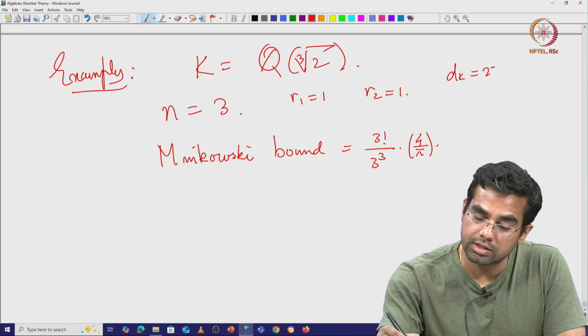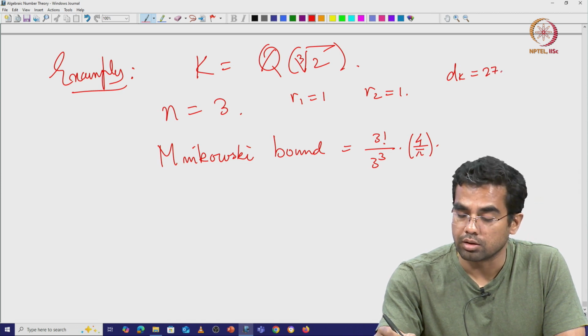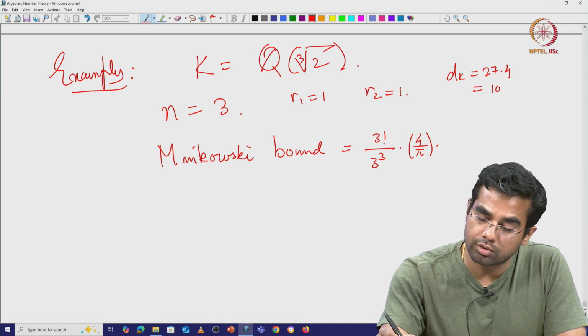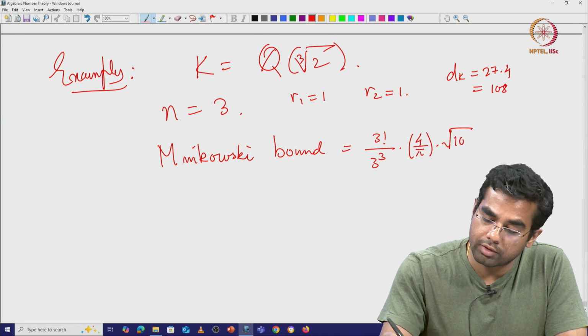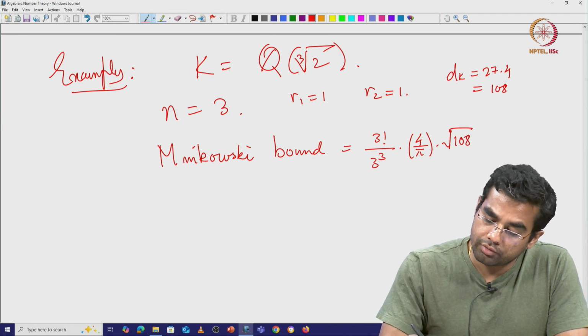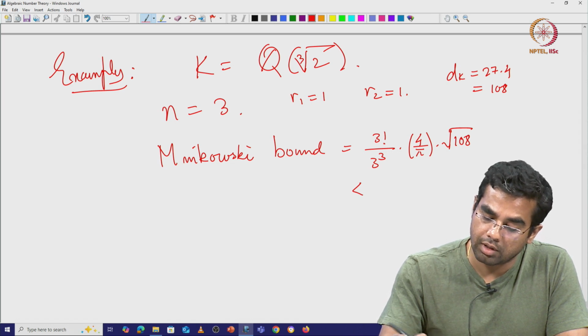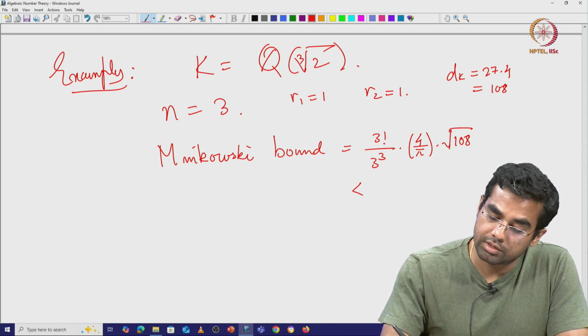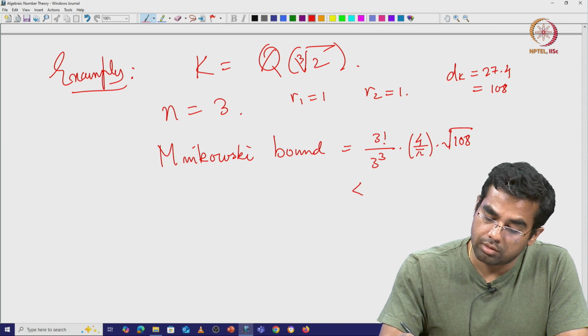So, this is 27 times 4, which is 108. So, the square root of 108. If you compute what this is, lots of large numbers are involved.